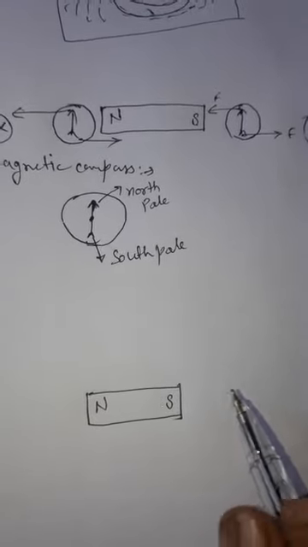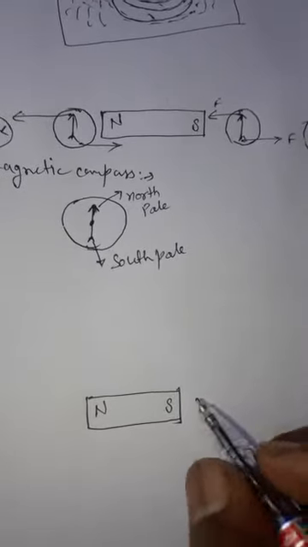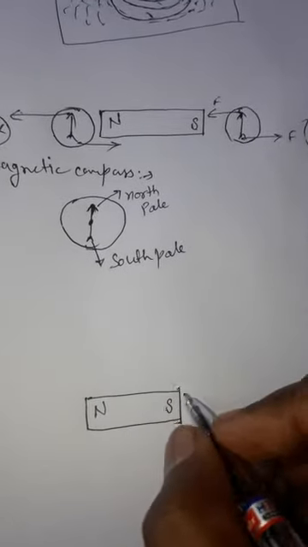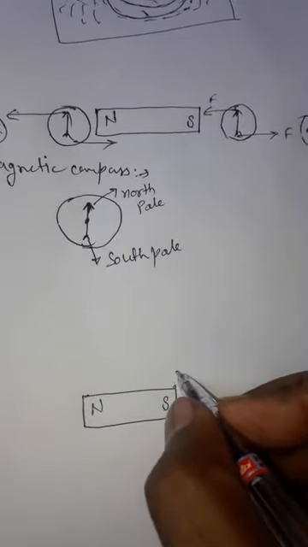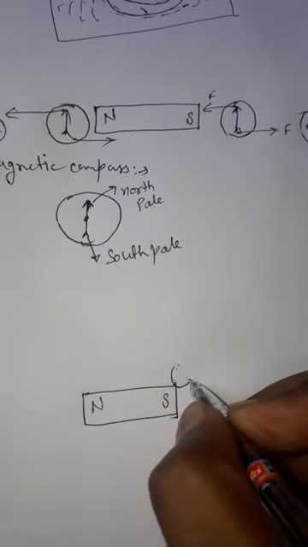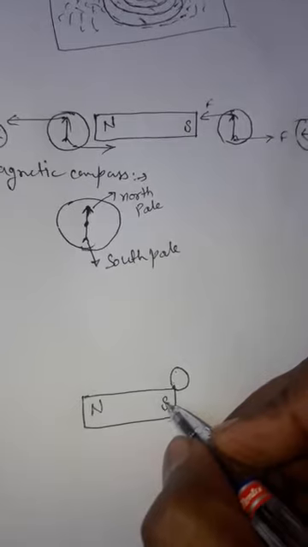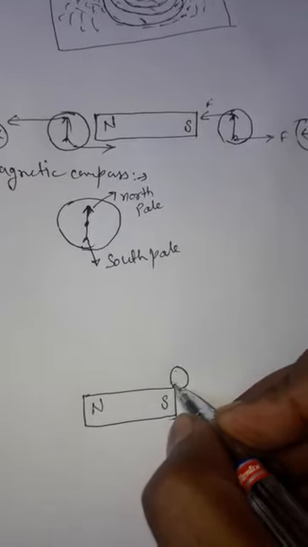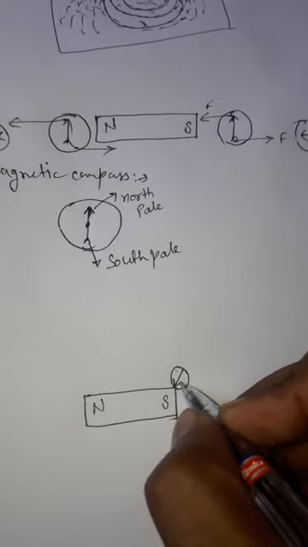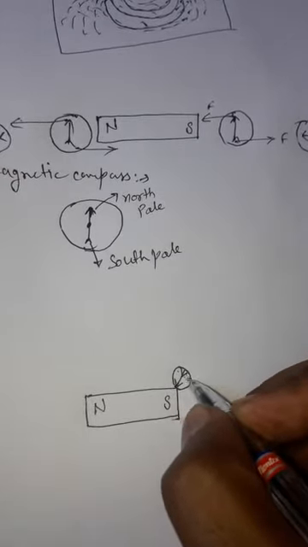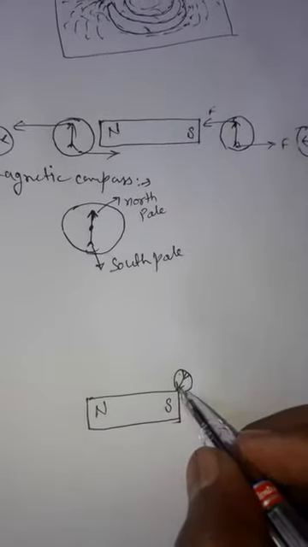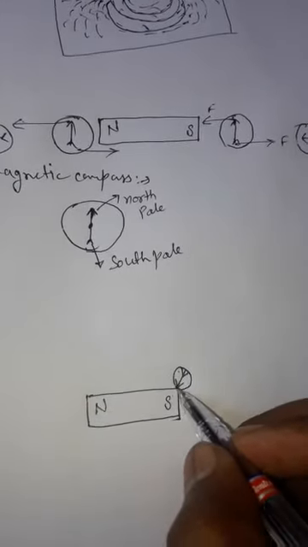Now take a compass and place it near this corner. Say this is the first corner, and we place the needle here, so that due to this south pole, the direction of its needle should be like this. This north pole is attracted towards this corner.